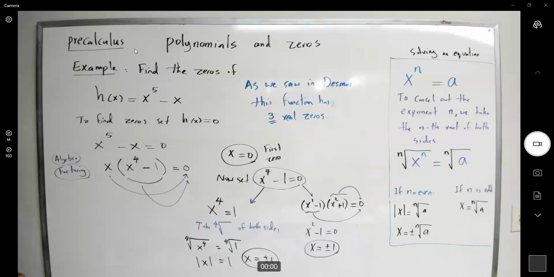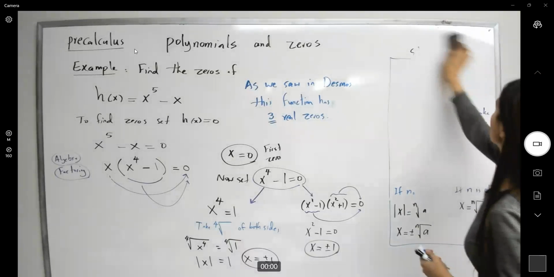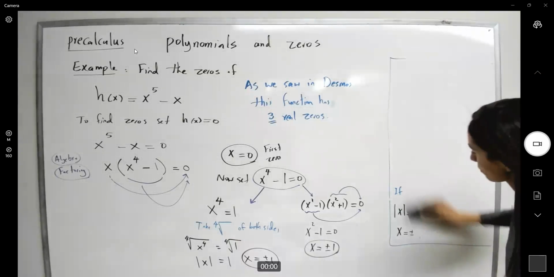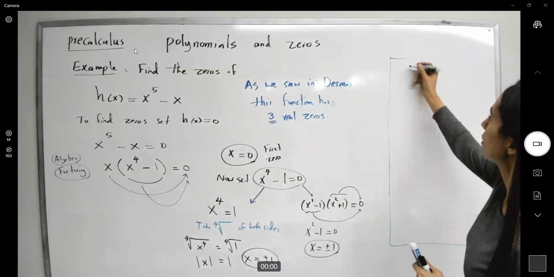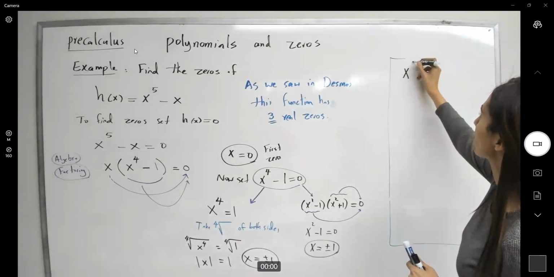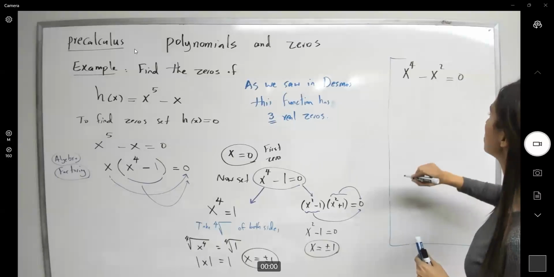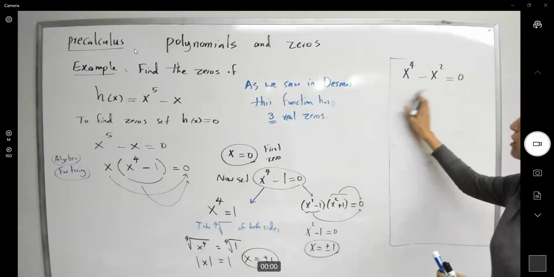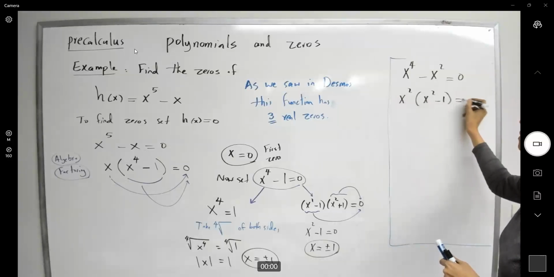Before we introduce complex numbers, just a quick note. Suppose I give you an equation of this form and ask you to solve it. For example, x to the 4th minus x squared equal to 0, and you say, I'm going to factor out x squared times x squared minus 1 equal to 0.